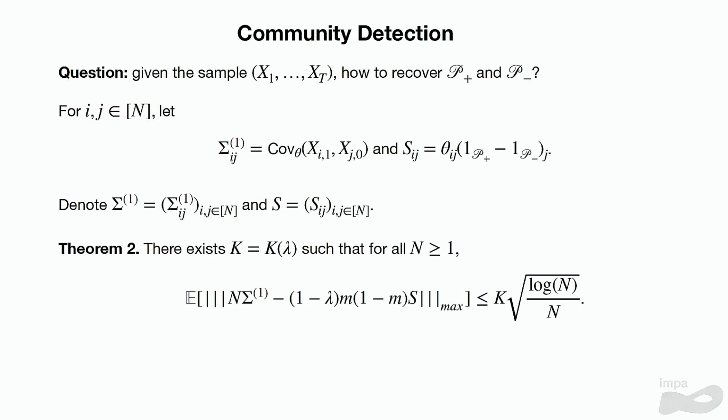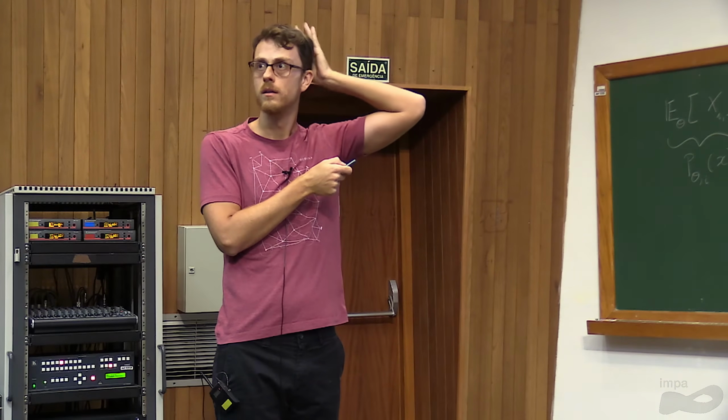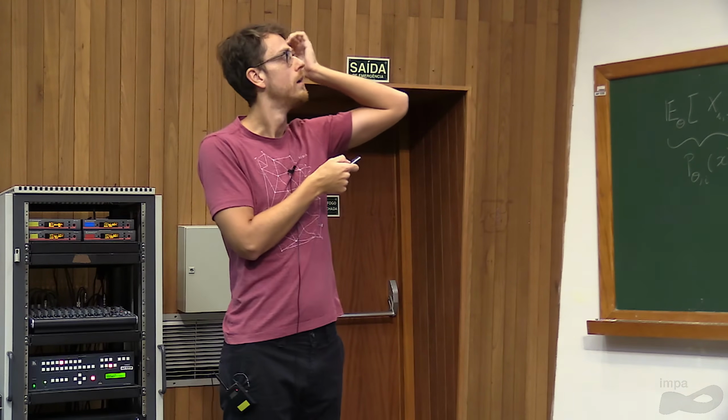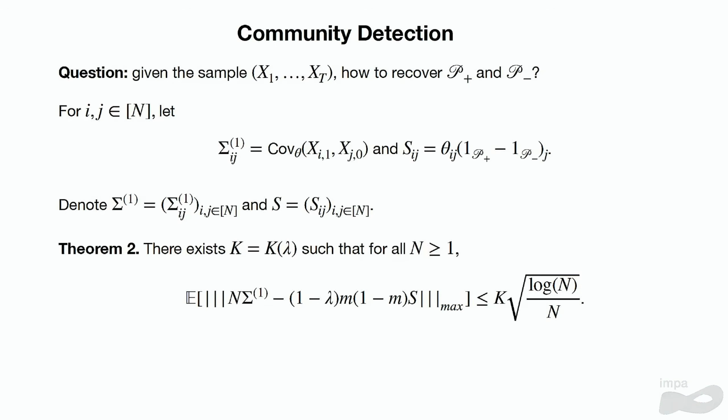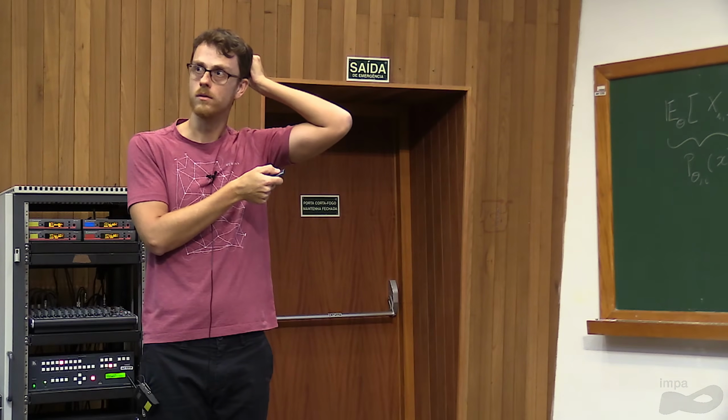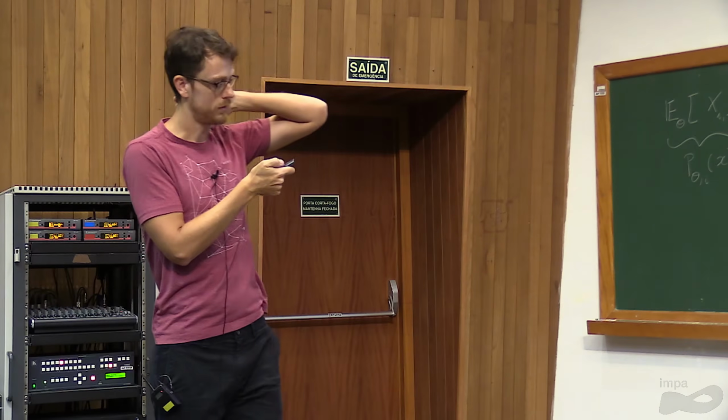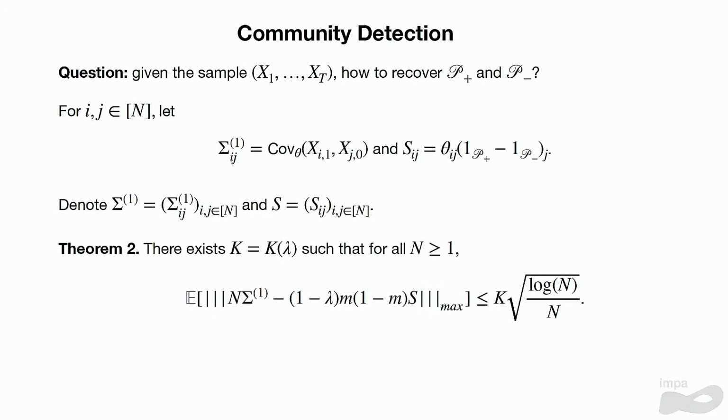But in the definition of this sigma 1_ij, I'm conditioning on the environment. So this still depends on the environment, okay? So the randomness is hidden there. When I write here this expectation, I'm taking the expectation with respect to the random environment. Okay? Right. Thanks for the question.